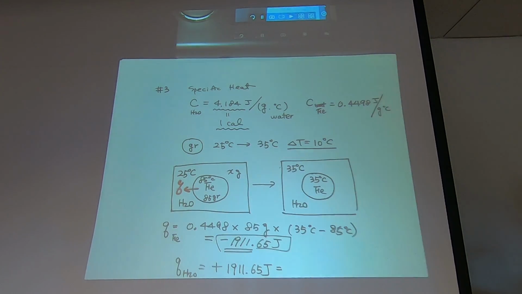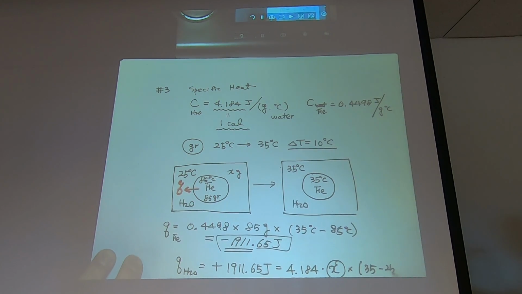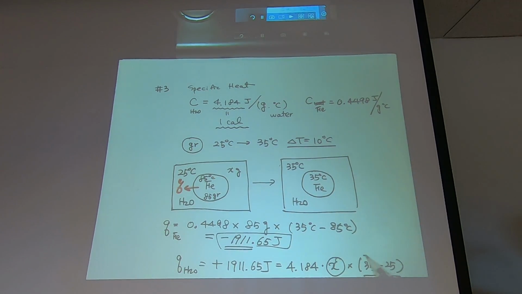So that will be my sign. And then the heat capacity is 4.184 times x grams. And what's my temperature change? It is 35 minus 25, which is 10 degrees C.